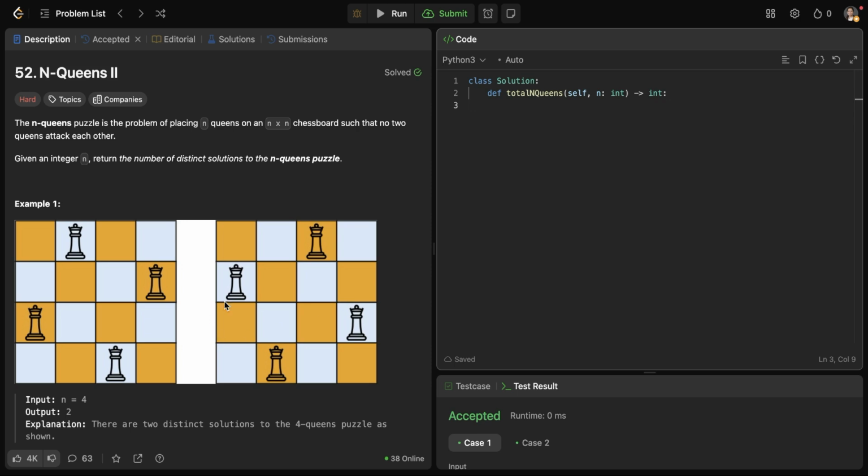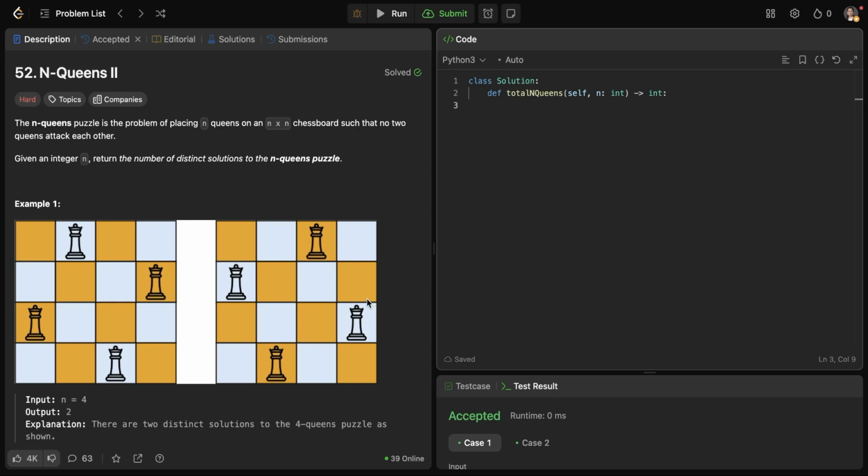And then you go to the 3rd row. In the same way, you rule out the prior used column, row, positive diagonal and negative diagonal, and then use the remaining cell. And that way you will continue till the nth row. And if you are able to reach the nth row and place the last queen successfully, that means you have found a successful combination, and you can increment your result. That's your approach basically here.